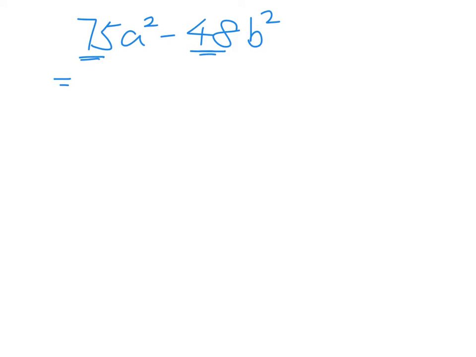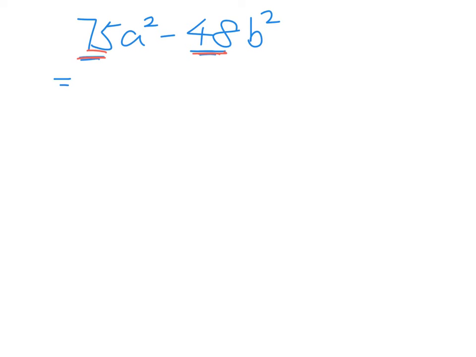Now, let's consider others. This one you find that it's not easy, because when you study 75 and 48, you find that both of them cannot become a perfect square. Or you can say no integer when squared can be 75 or 48. But when you study these two numbers, you find that both of them are multiples of 3.